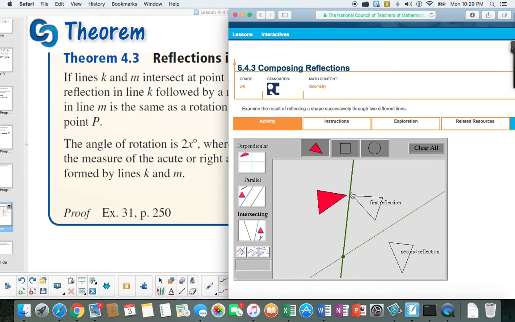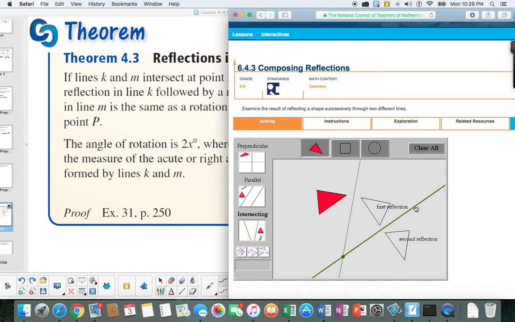Now I'm going to change it just a bit so you can kind of get a good feel. Look at how this relates to this. And I'm going to change the orientation a little bit, see if I can't turn things around. Okay, and you should get the feel that this to here is a rotation.